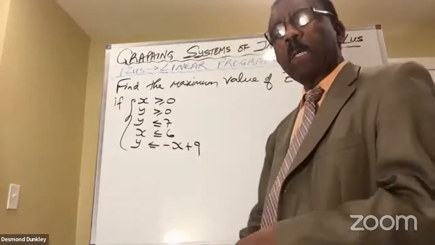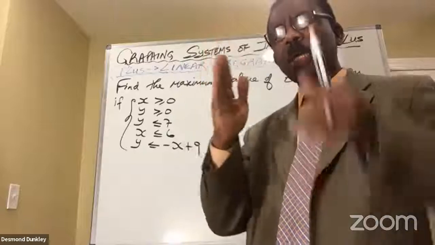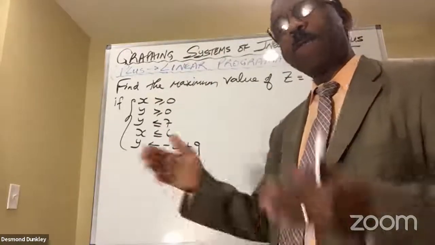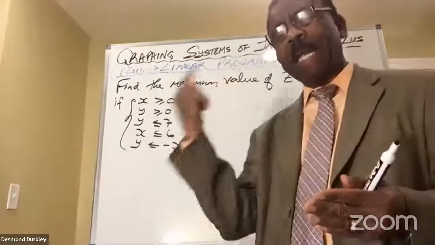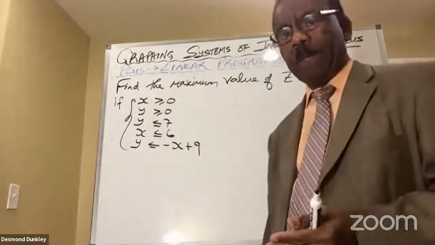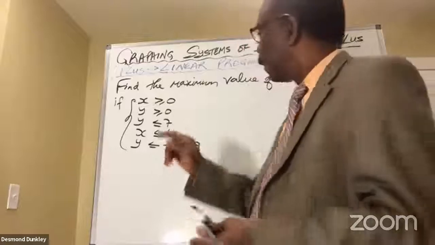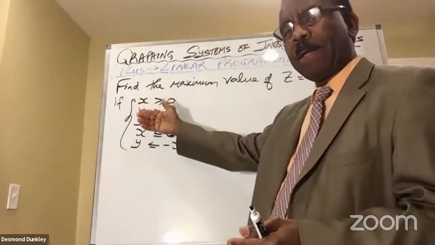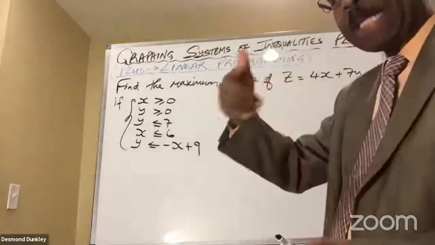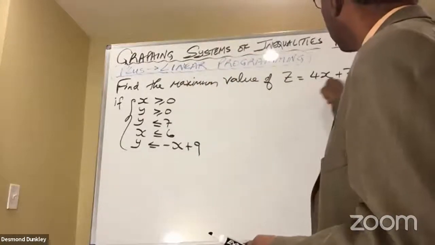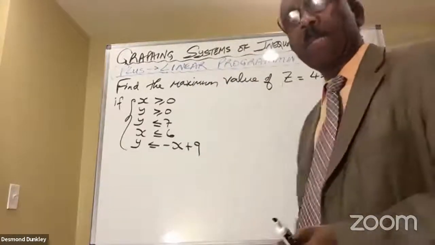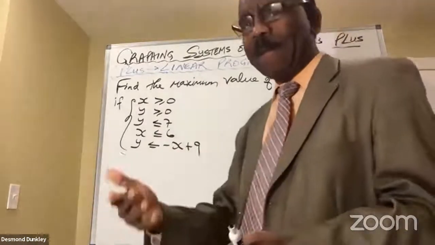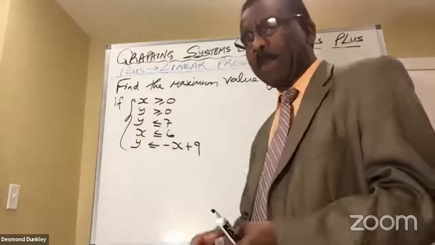Step 2, find the vertices, the corners of the shape that is formed that covers the common area. Then at those vertices, find what the coordinates of x and y are. Use those values of x and y to see which one gives you the maximum for z. That's a mouthful. So let's go through the process step by step.